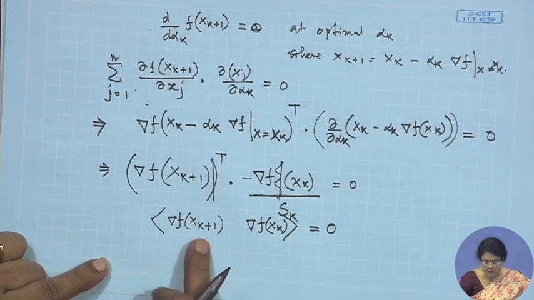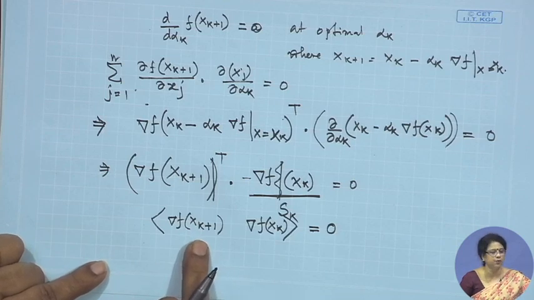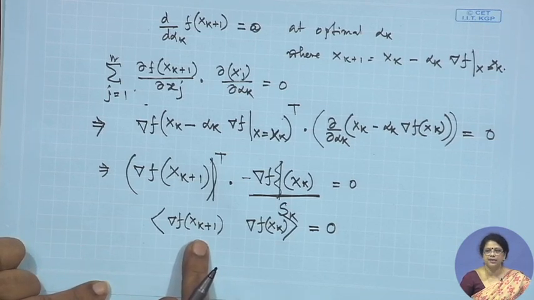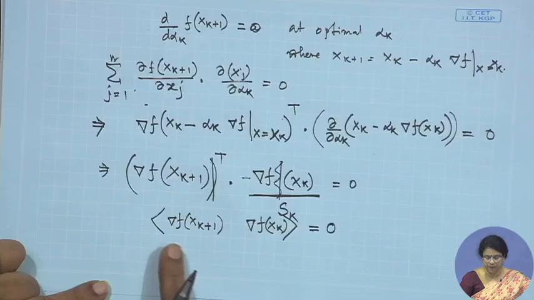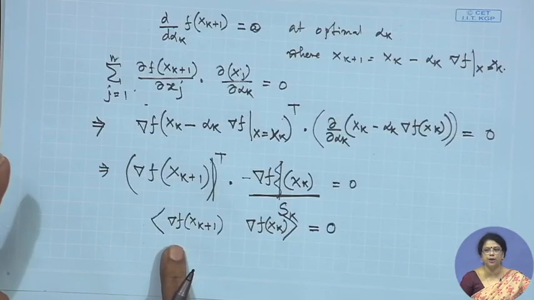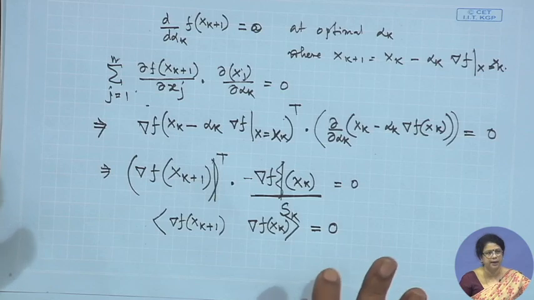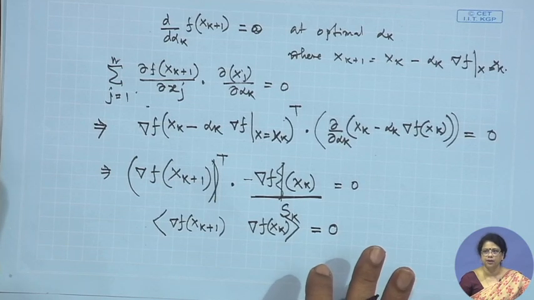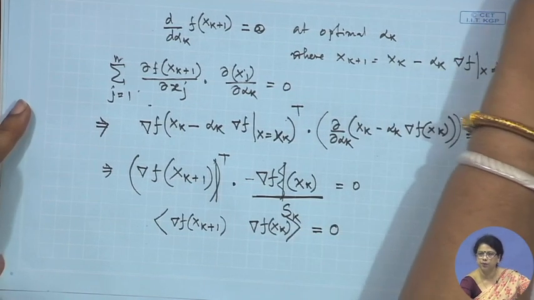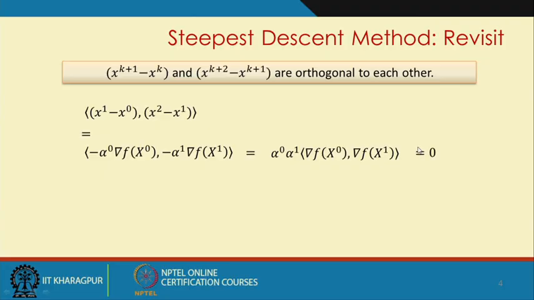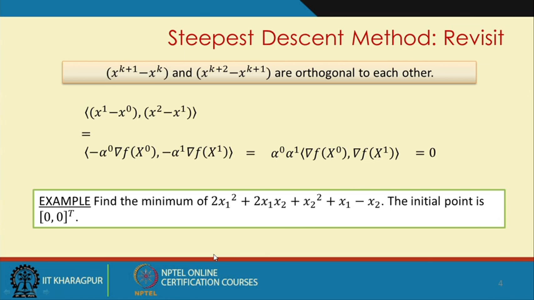Just put k equal to 0, then we get the inner product of grad of f x 0 and grad of f x 1 is equal to 0. I do not think I need to repeat this once more. From this condition we can say that both the vectors are orthogonal to each other, and we can very easily prove the same fact for general k.